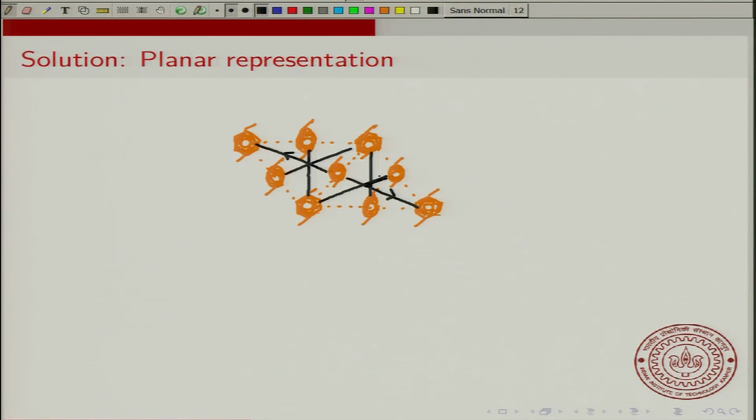Now there are some other interesting symmetries that are there. There is a 6-bar axis right here, and this is the symbol for 6-bar. Similarly, there's a 6-bar right here.